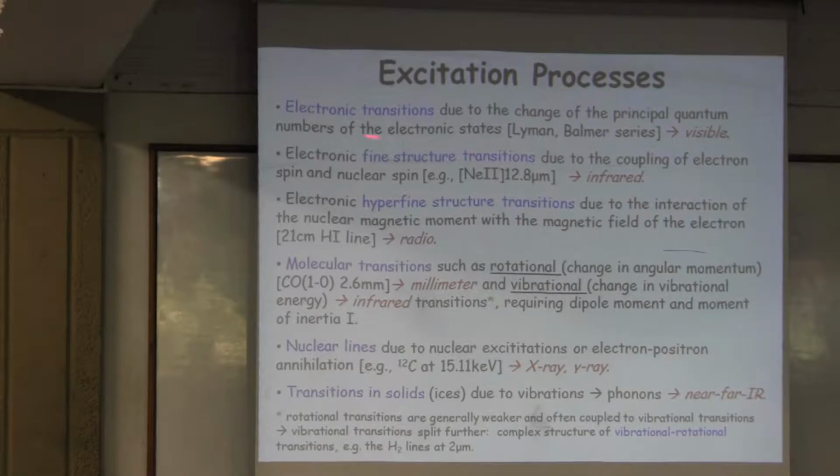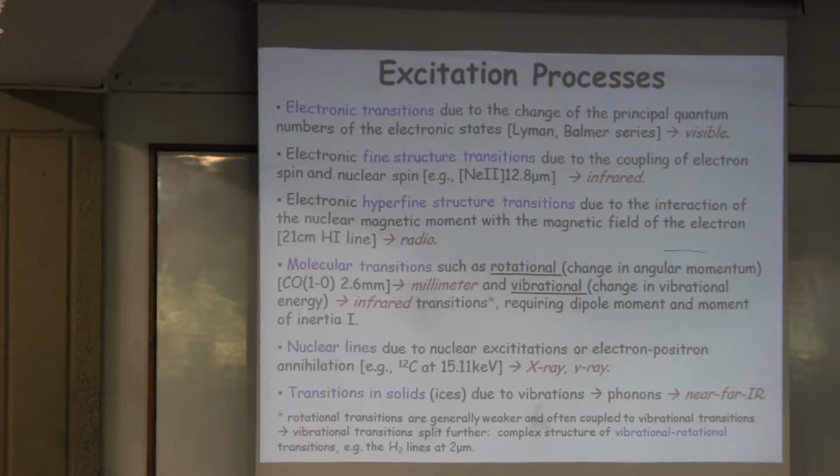There are also fine structure transitions, which are due to energy levels between the electron spin and the nuclear spin, not the principal quantum numbers. Typically the energy in these transitions is a lot less. And remember, the energy is the product of Planck's constant times the frequency. So if the energy is less, the wavelength is longer, and we observe these lines typically in a bit different range.